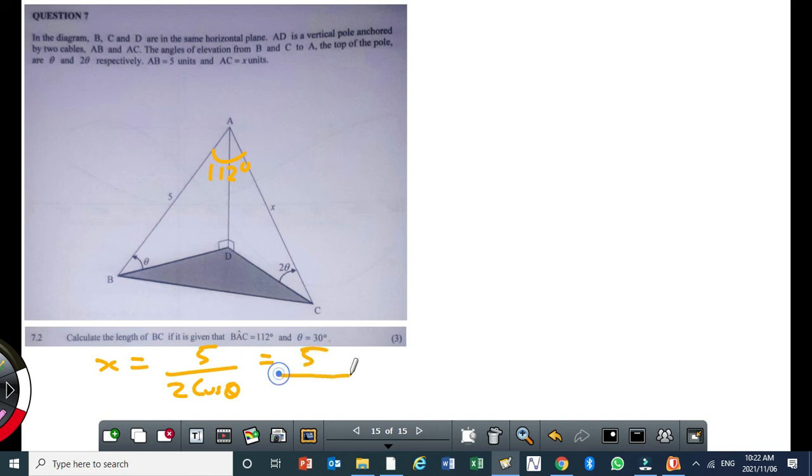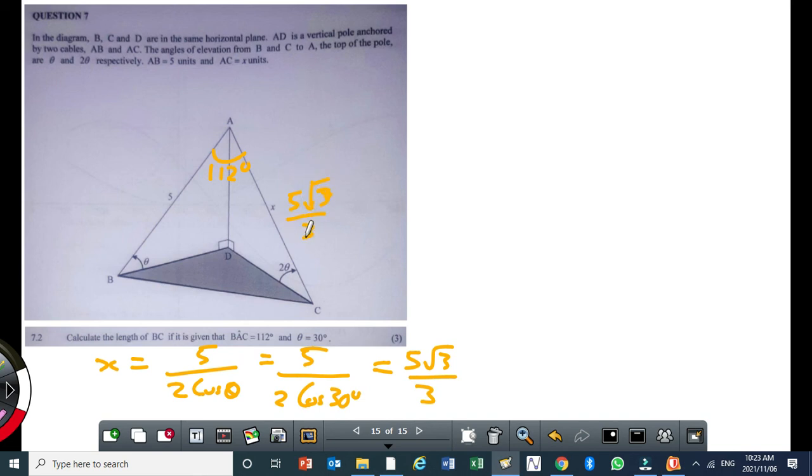But theta is equal to 30 degrees. So this will be 2 cos 30 degrees. What is 5 divided by 2 cos 30 degrees? So you get 5 square root of 3 over 3.